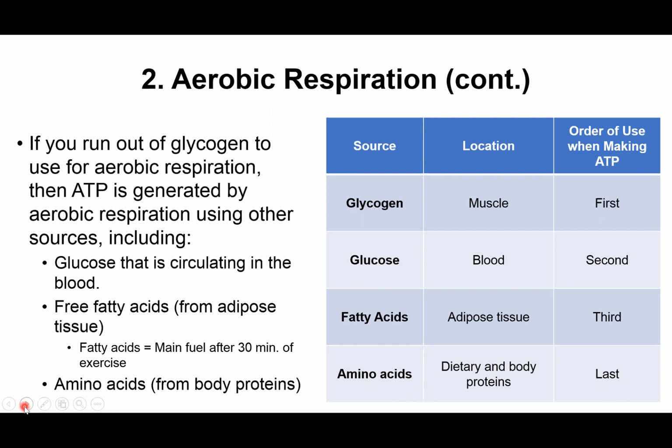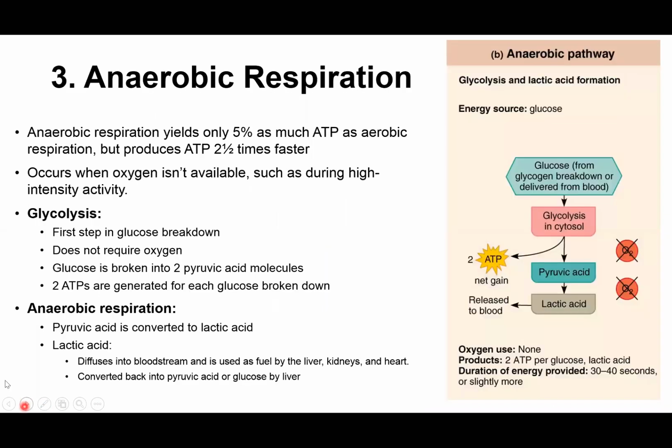So the third way that we can generate ATP is through what's called anaerobic respiration. And just to give you context here in terms of terminology, anaerobic means no oxygen, okay? No oxygen required.